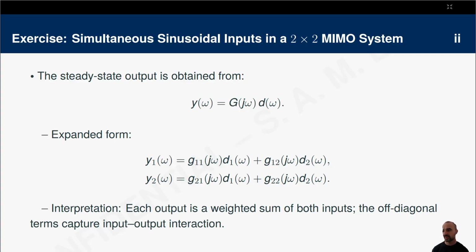Because it's a coupled system, as you see, D1(omega) affects Y1, and D2(omega) affects Y1 too. So each output is a weighted sum of both inputs. The off-diagonal terms capture input-output interaction.